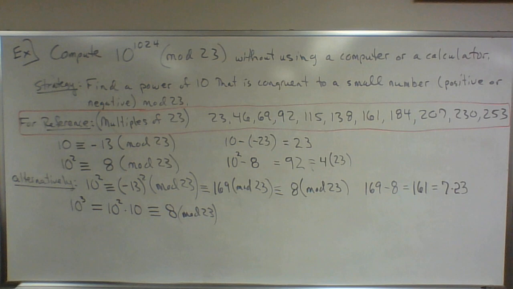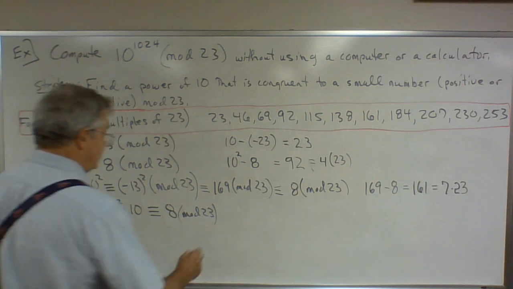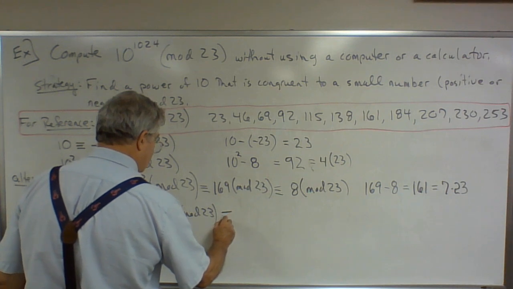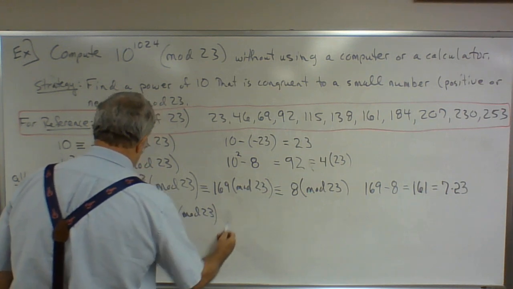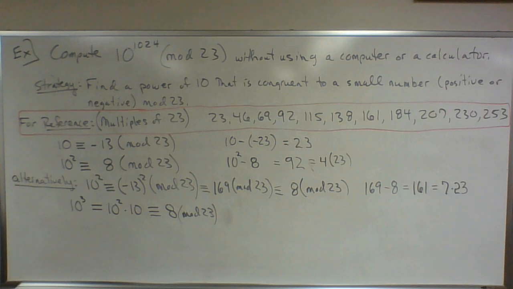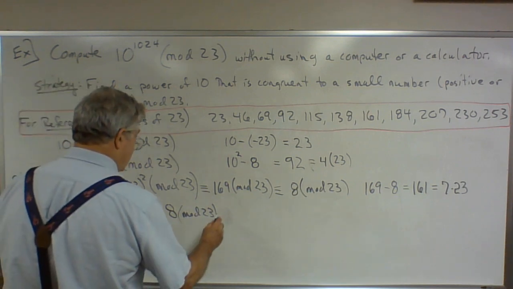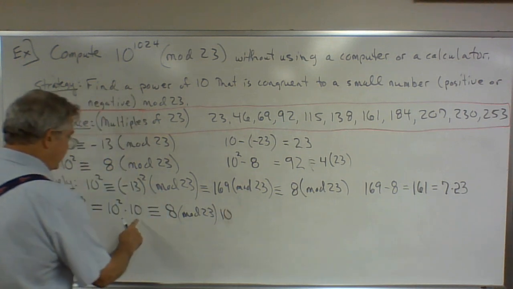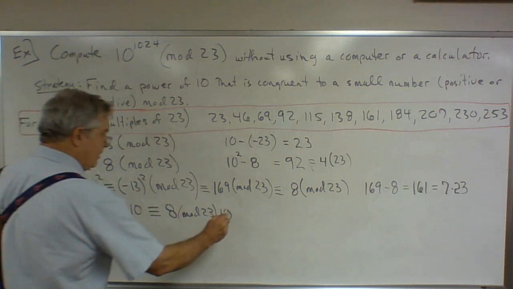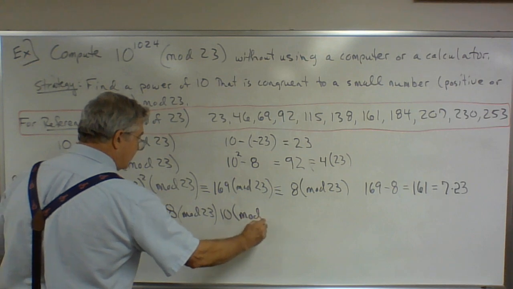And 10 is, oh my goodness, what is 10? 10 is 11 mod 23? No, it's not. Okay, I got it. 10 is congruent to itself mod 23. That's the best way of doing it.